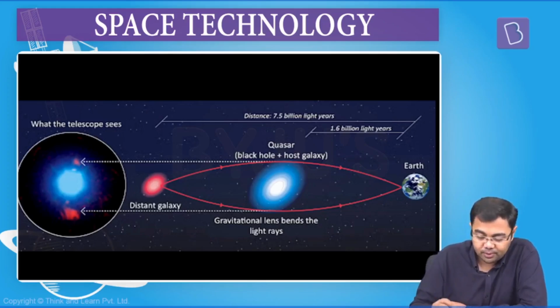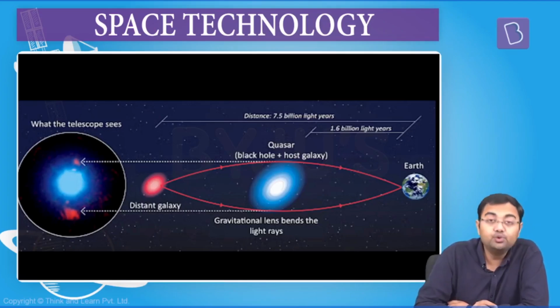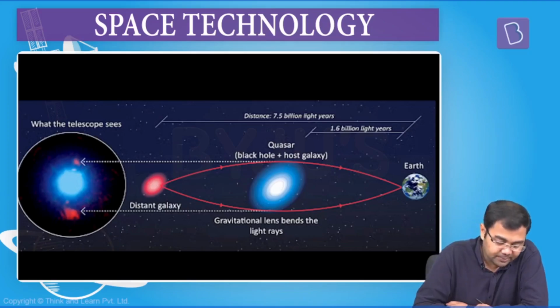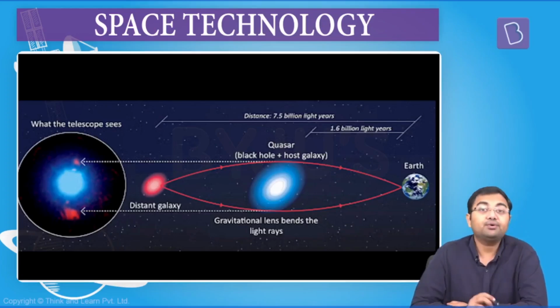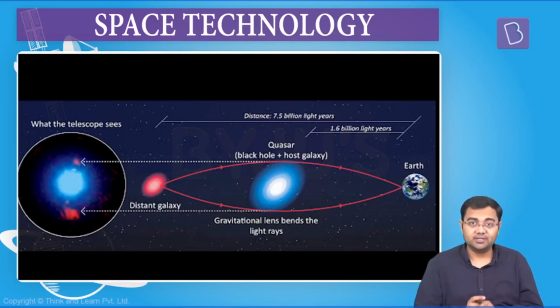From both points, light reaches the Earth instead of reaching the Earth in a straight line. So if you look here, there will be two images produced. For example, you can see that there is one image like this and another image that has been produced here. So instead of seeing one image of this cluster of galaxies or a galaxy, we are looking at two images.